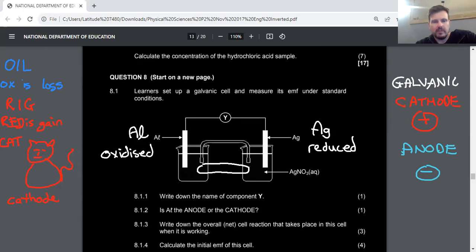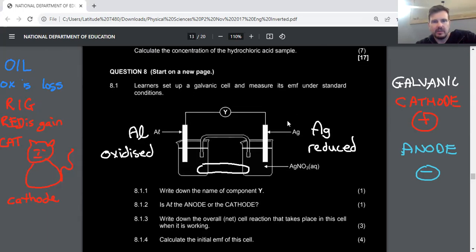From a red cat, we know that reduction is always at the cathode. So this is the cathode, and this is obviously going to be the anode. So let's write it in red. Cathode. This will be the anode.